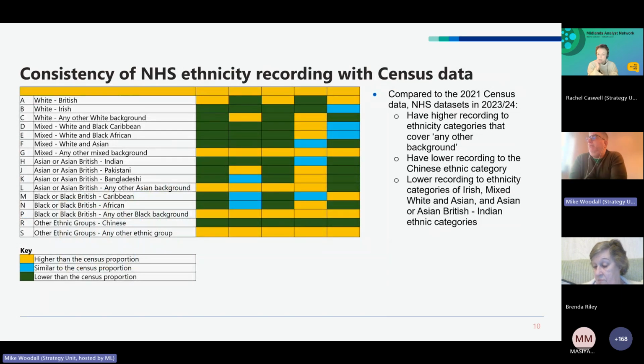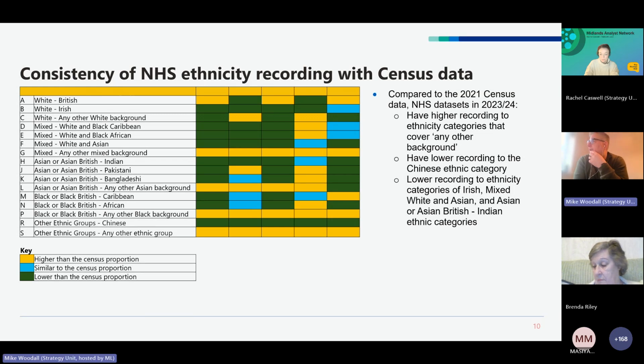We did look at the consistency of NHS data with census data. I need to caveat this, because there are confounding issues within ethnic groups, such as the impact of ethnicity on service access. Access rates within certain ethnic groups are lower, and therefore you may not expect the ethnicity of people using services to match the census.